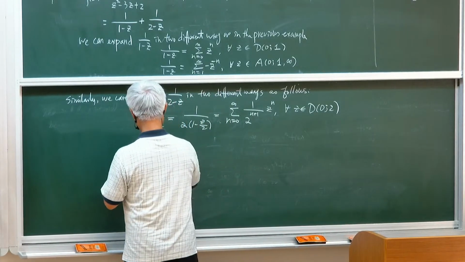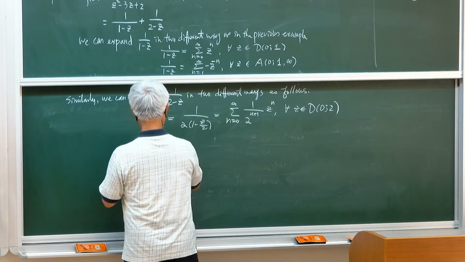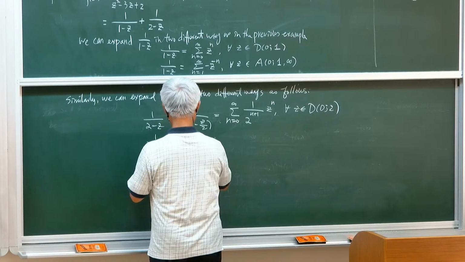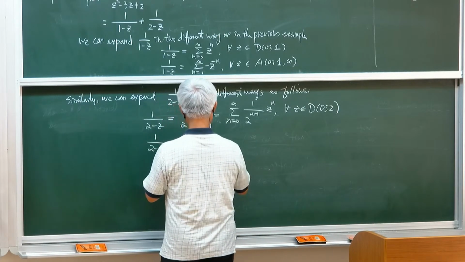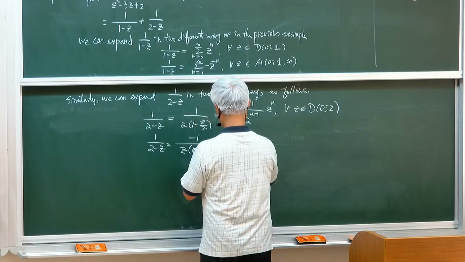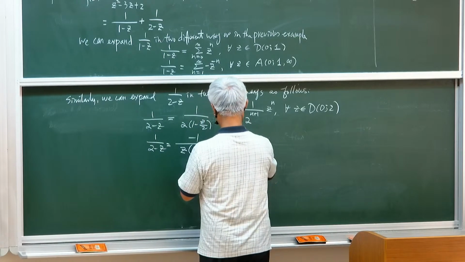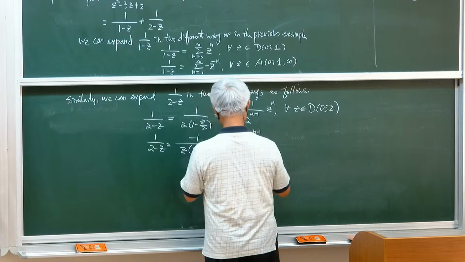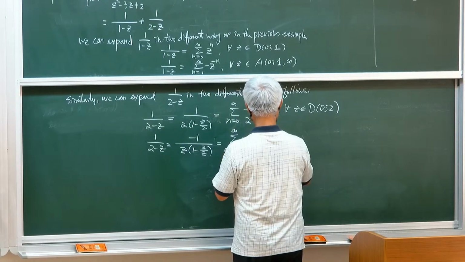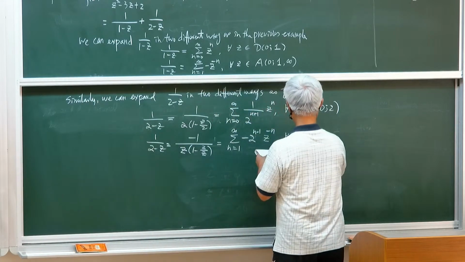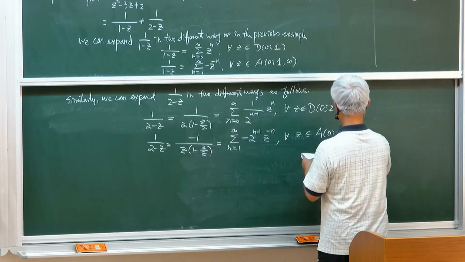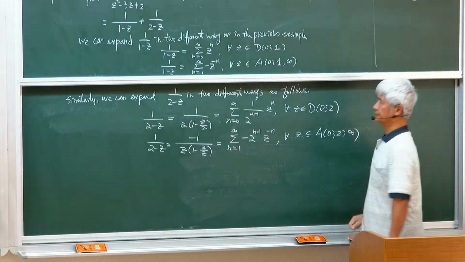And also, this is equal to minus 1 over z times 1 over 1 minus 2 divided by z, so this is equal to the summation from n equal 1 to infinity, minus 2 to the n minus 1 power, times z to the minus n, for all z in the open annulus here.